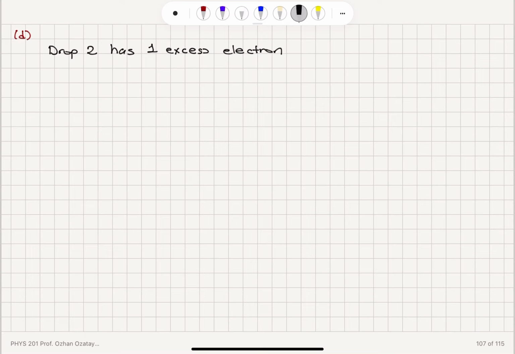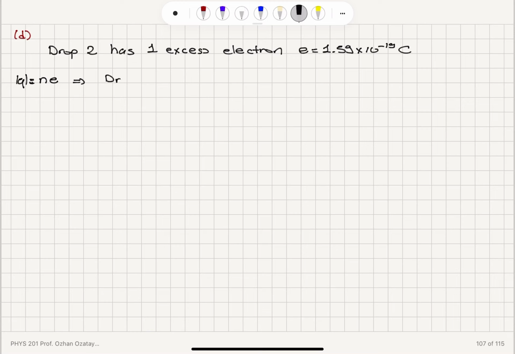So that means the electron charge we're taking to be 1.59 × 10^-19 coulombs. And the charge Q is equal to, in absolute value, the number of electrons times the electron charge, e.